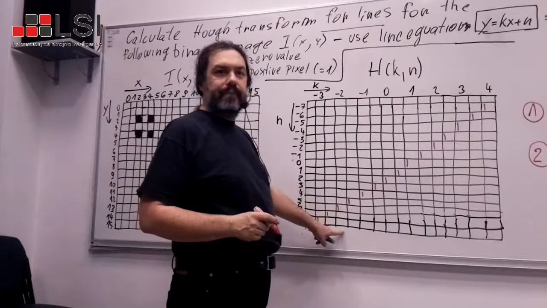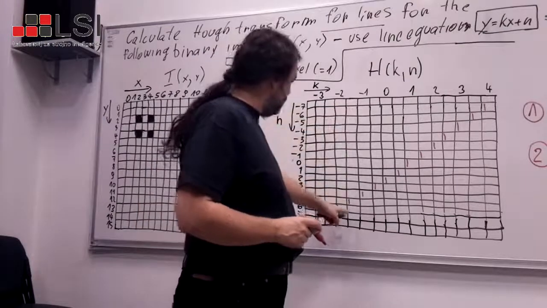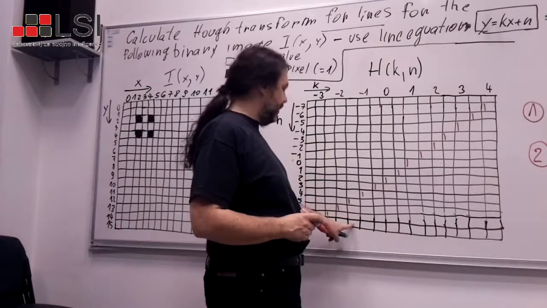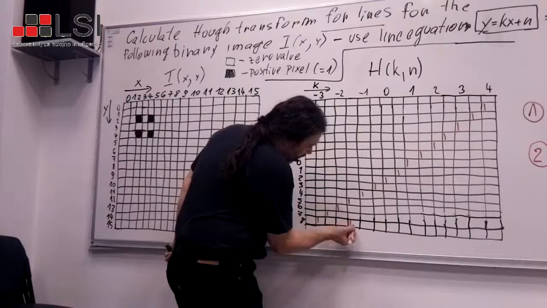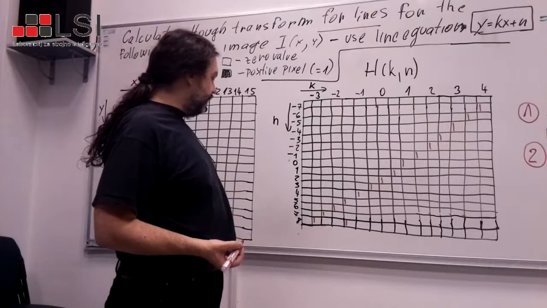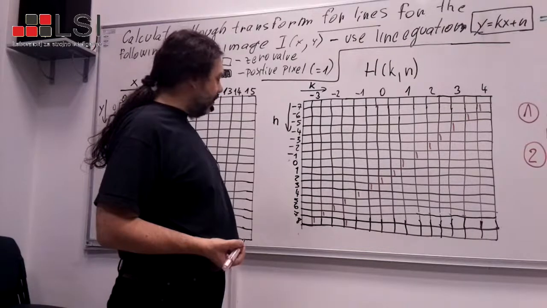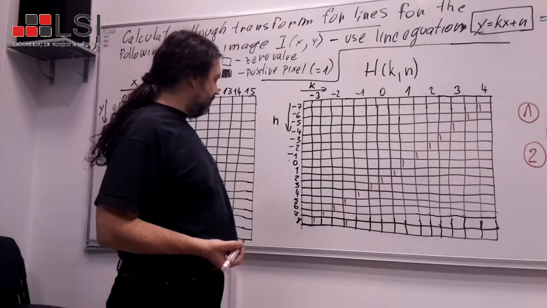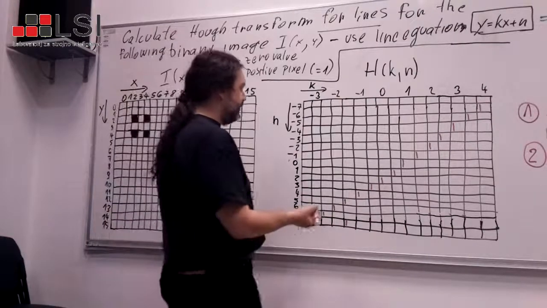Yeah. So minus 1.5, this would be that row, and here we have the first of our votes going here. Then for minus 1, we get our vote in 6.